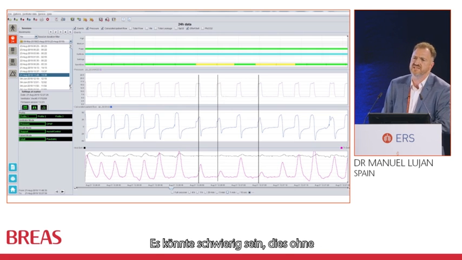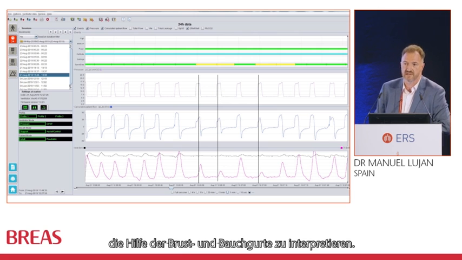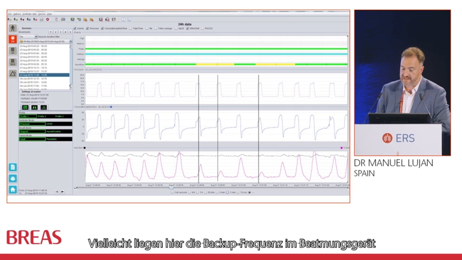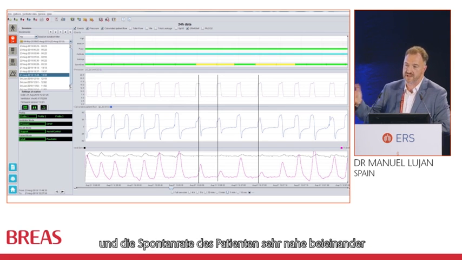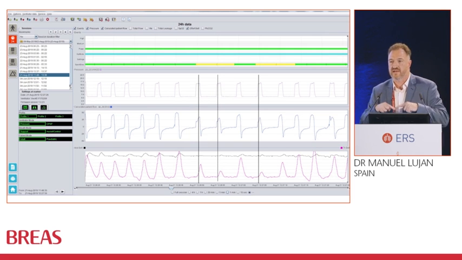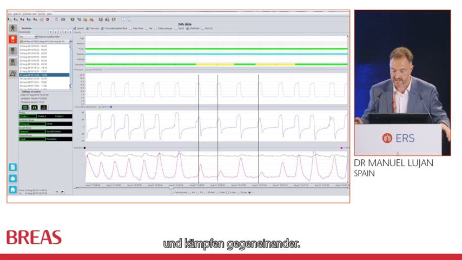Then it could be challenging to interpret without the help of the thoracic and abdominal belts. Probably the backup frequency in the ventilator and the spontaneous rate of the patient are really close and are fighting one against another.